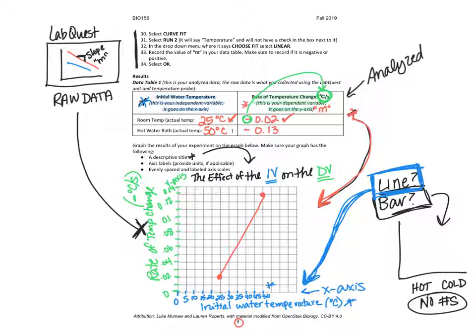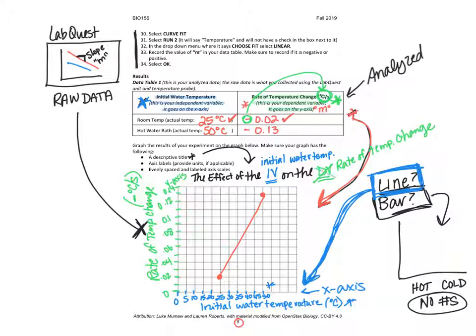So for this particular graph, the title would be the effect of the, and we would fill the independent variable in with what it says up here. So the effect of the initial water temperature on the dependent variable. And here, remember, our dependent variable is what we've been doing in green. So we would fill this in with the rate of temperature change.